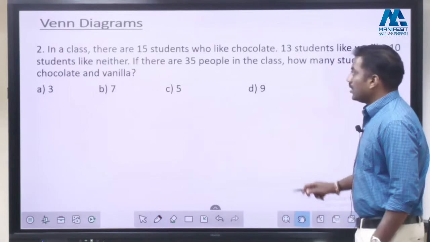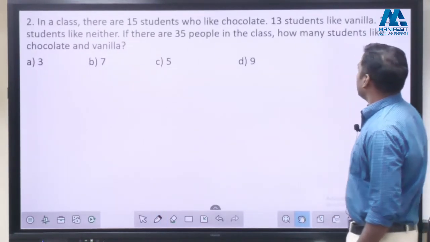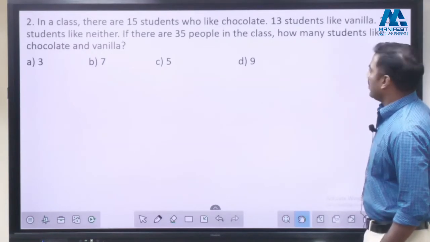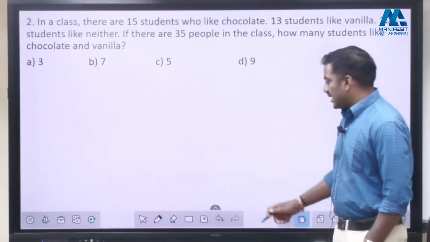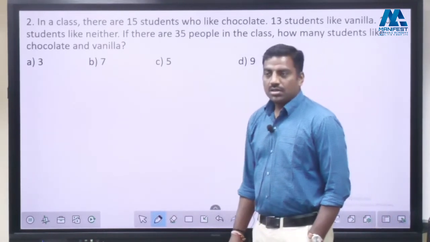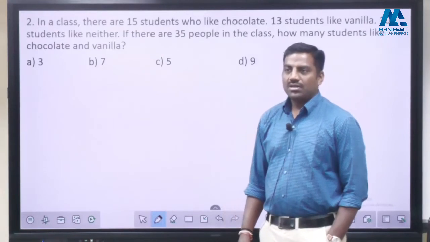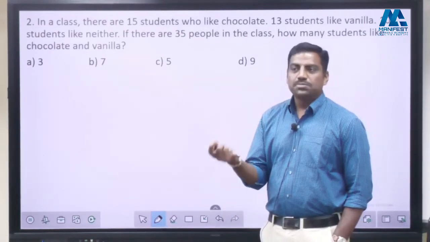Next. In a class, there are 15 students who like chocolate, 13 students like vanilla, and 10 students like neither. So how many entities are there here? I'm not asking the number. Entities means here the likings, or how many groups are here.